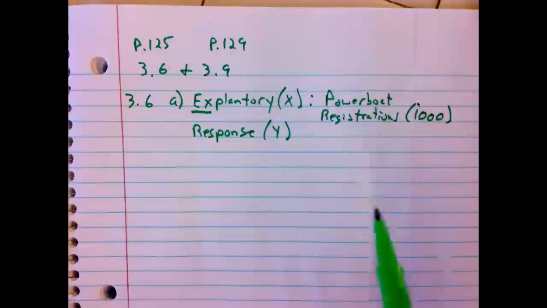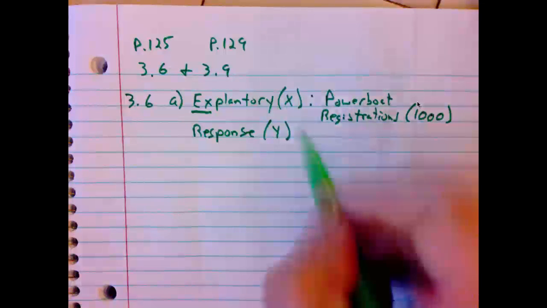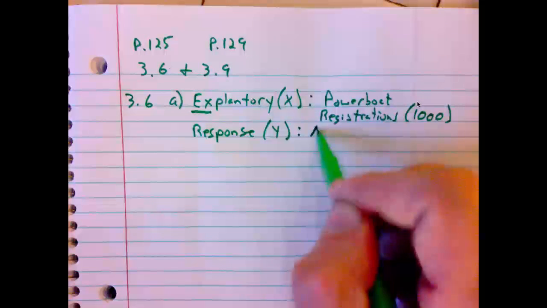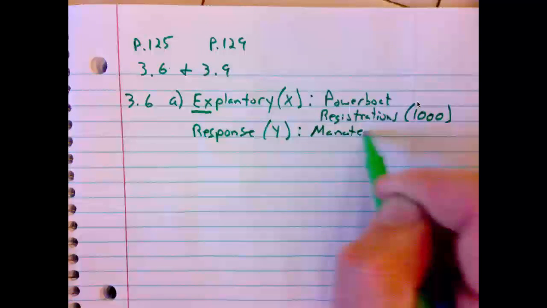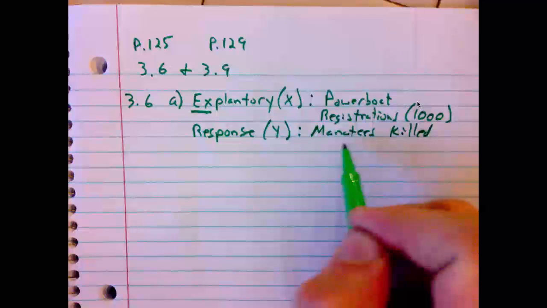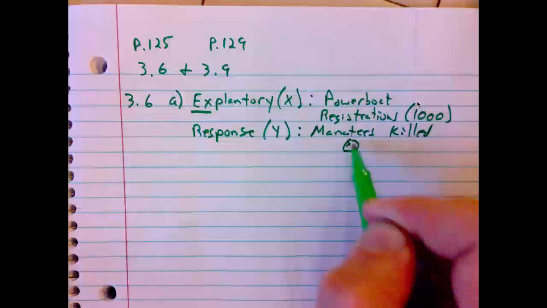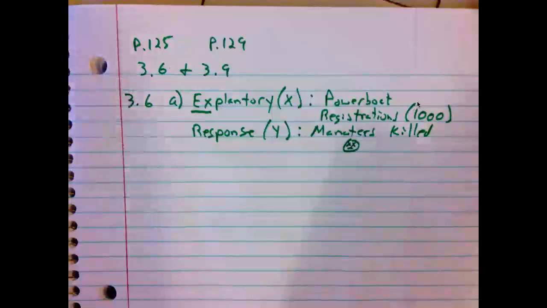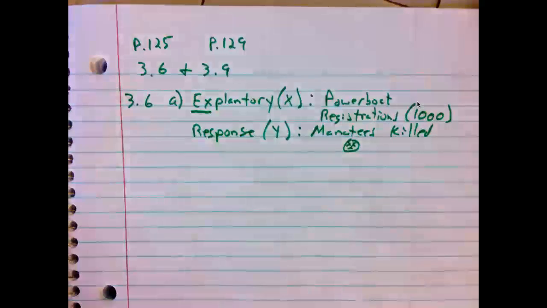That's a lot of power boats registered in Florida in 1997. The response is going to be poor little dead manatees. Manatees killed. And one would assume that is individual manatees. Dead manatees. All right, so that is A part.